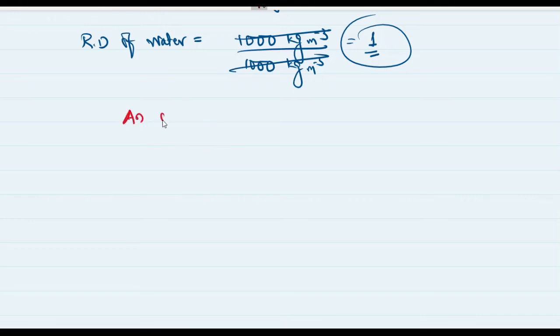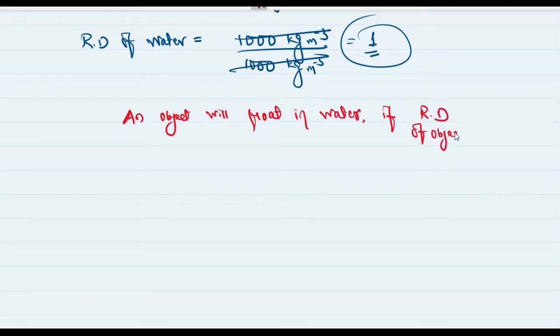An object will float in water if the relative density of the object is smaller than 1. If relative density of object is smaller than 1, it will float. What is 1? 1 is the relative density of water. So if any object has a relative density less than that of water, it will float.